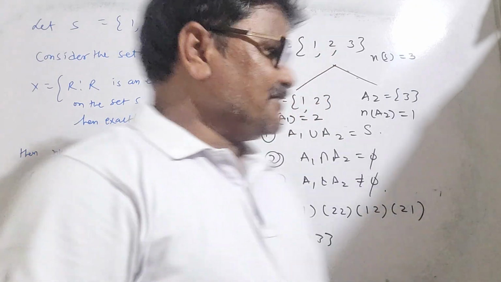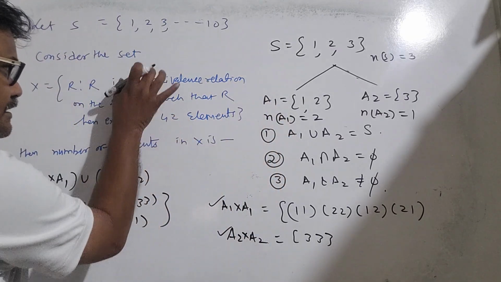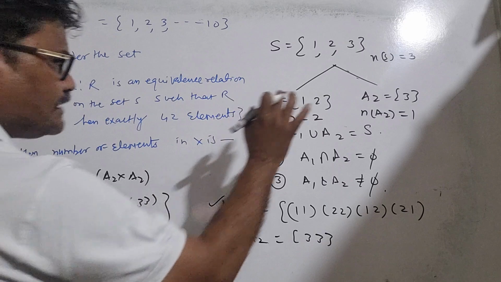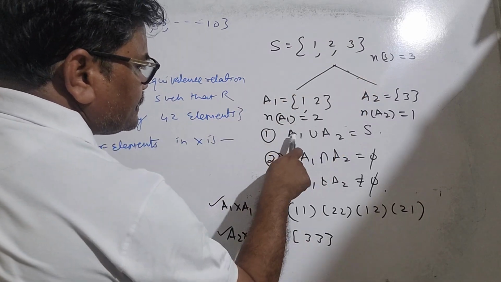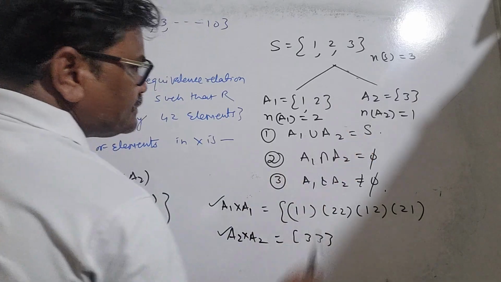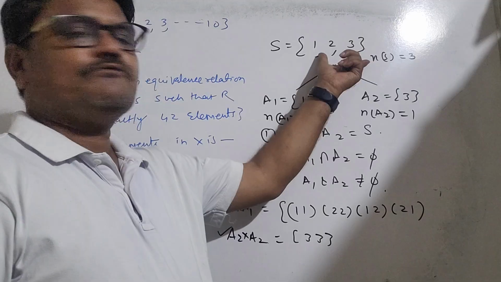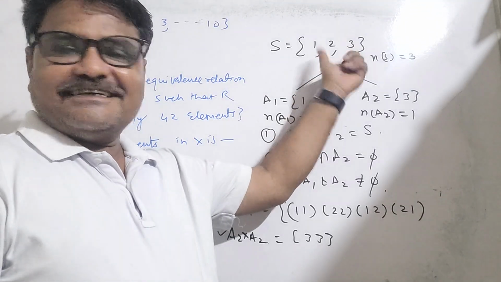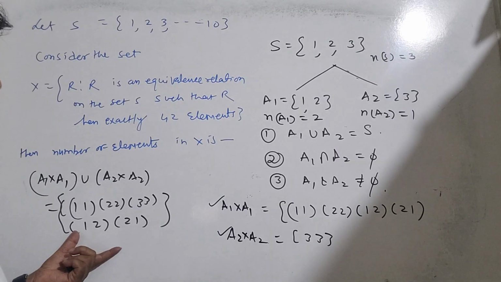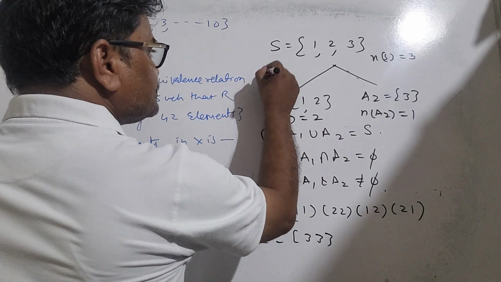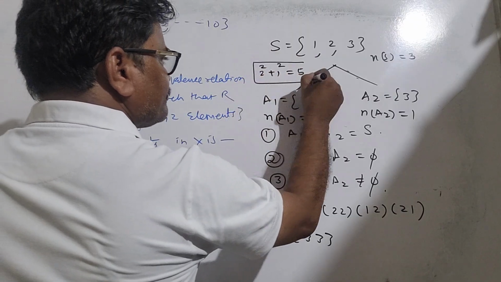Got it? So what we are observing, to solve this question, first, we have to partition this given set in such a way that A1 union A2 is S, that is n of A1 plus n of A2 must be equal to n of S, and also the total number of elements you can observe over here is 5, which is given by 2 squared plus 1 squared, that is 5.